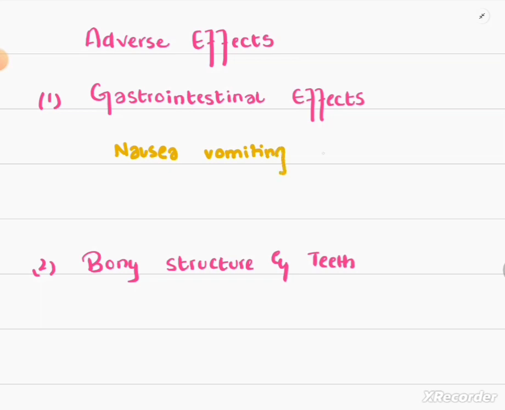It also causes anorexia, which is basically loss of appetite, and it can also cause the overgrowth of opportunistic organisms, for example Clostridium, which is a gram positive bacteria, and Candida. So these are the gastrointestinal side effects of the tetracyclines.